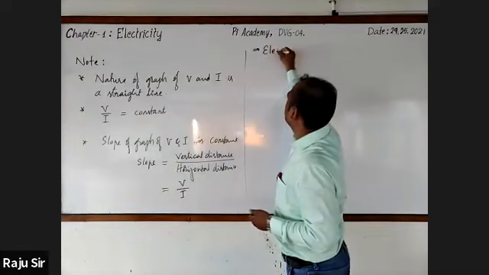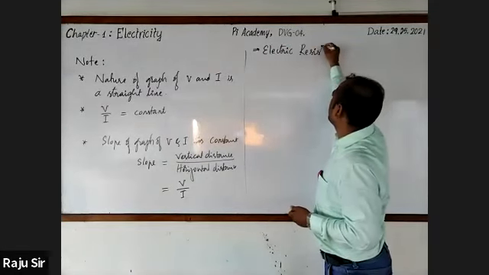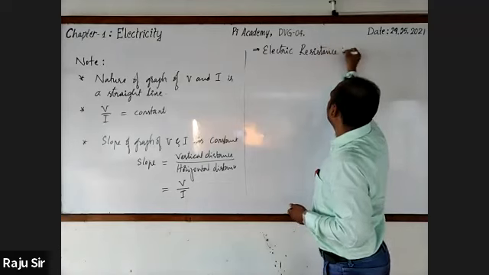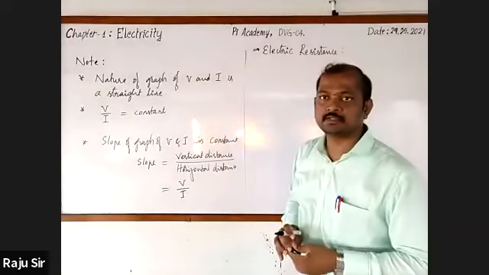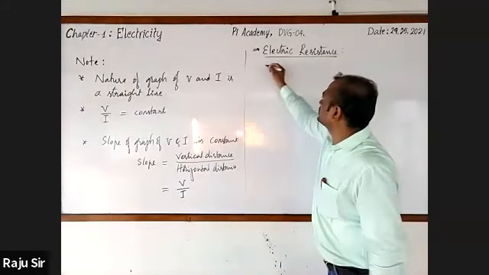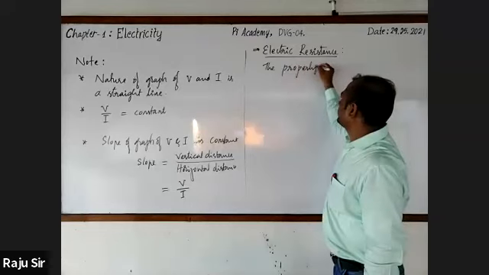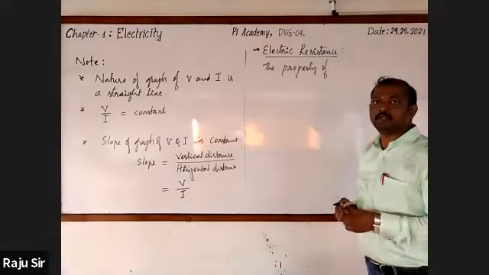Side heading, electric resistance. Write down the definition. It is the property of a conductor. Please go on writing with me quickly.